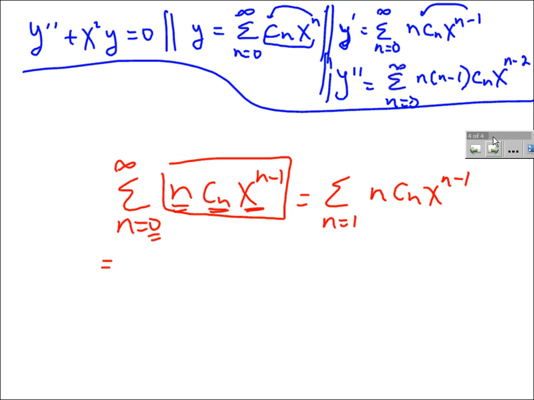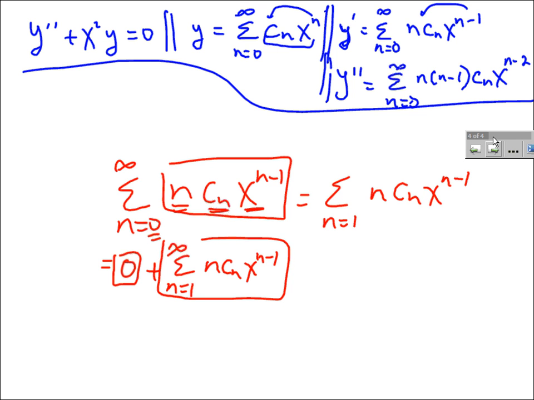So this is really 0. That's the first term, plus the summation as n goes from 1 to infinity of n c sub n x to the n minus 1. All I did was break off the first term. But it turns out that when you add them, you get this.